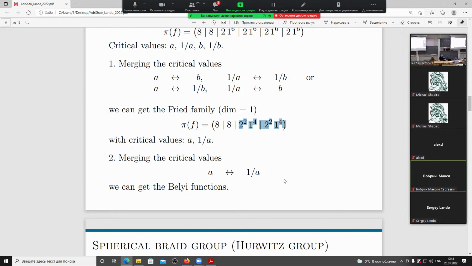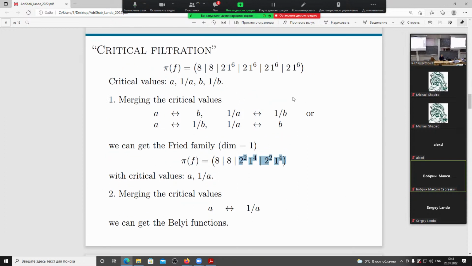When we have a Fried family of curves and functions on it with four critical values, it is a usual situation that a typical element of this family has two additional ramification points in addition to 0 and infinity.